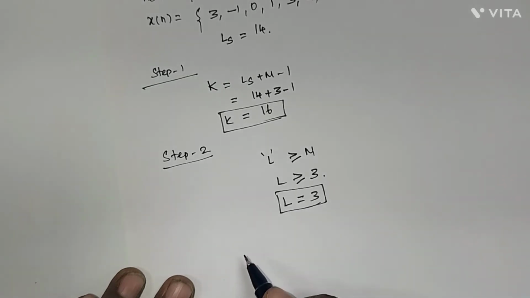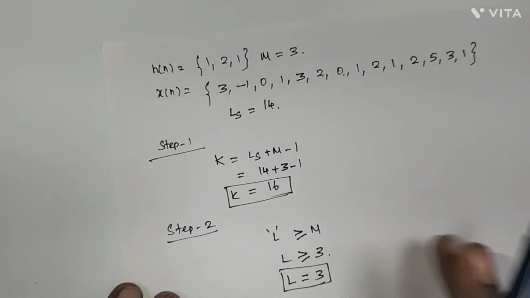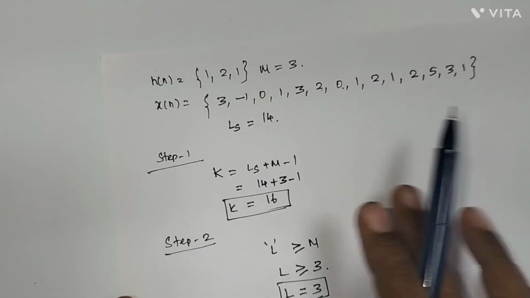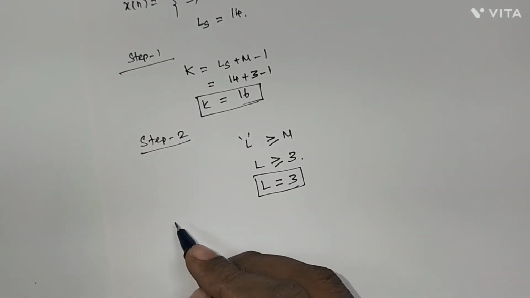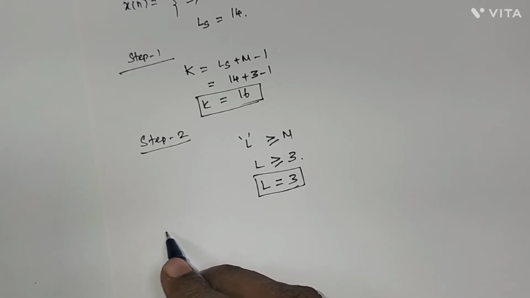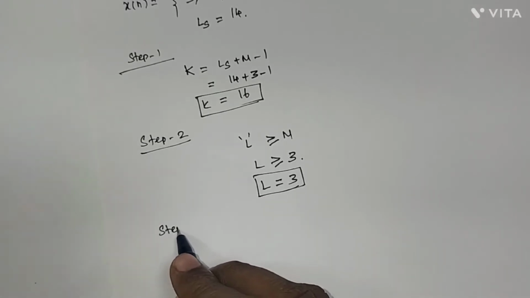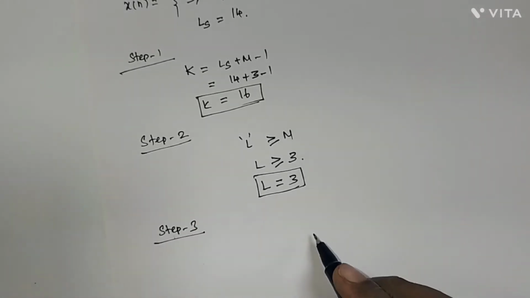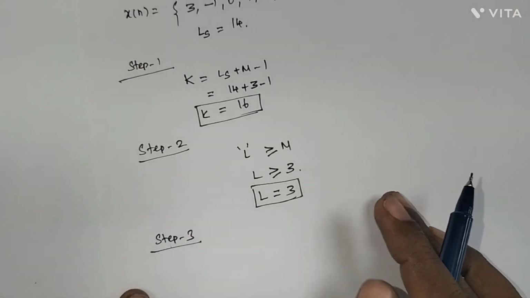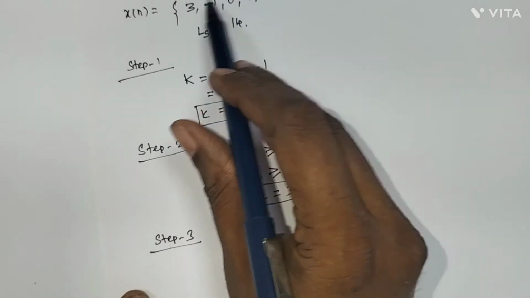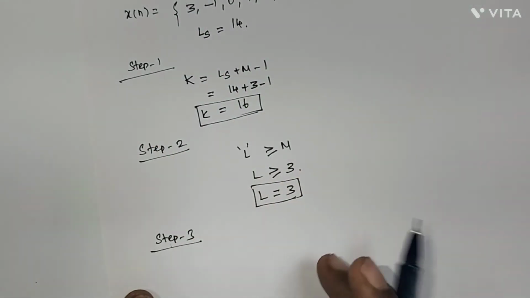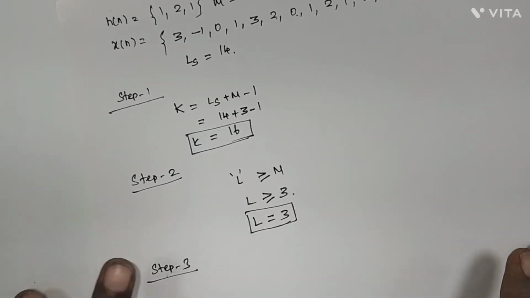Then divide the longer sequence into smaller subblocks. That is step 3: each subblock should contain L minus 1 input samples. That is, I divide each subblock into 3, 3, 3.